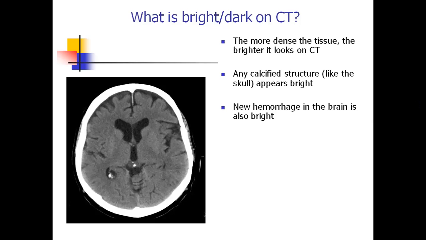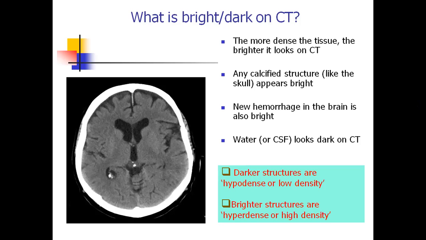New hemorrhage in the brain is also bright. Water or cerebrospinal fluid looks dark on CT. And we call darker structures hypodense or low density, and brighter structures are called hyperdense or high density.